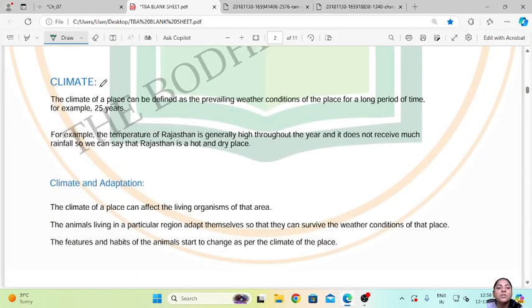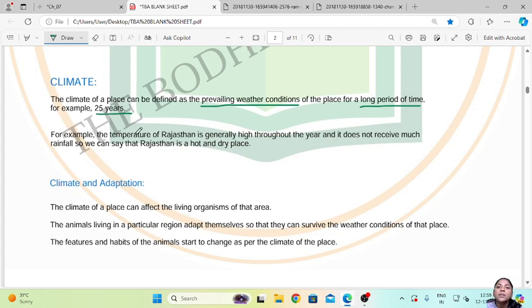Then talking about something called the climate. What do you mean by climate? The climate of a place can basically be defined as the prevailing weather conditions of that place for a long period of time, for example 25 years. Whatever weather conditions are observed for a long period of time, for example 20-25 years, is known as the climate of a place.